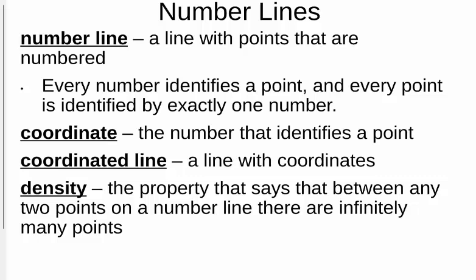And the density is the property that says that between any 2 points on a number line, there are infinitely many points. We can think about that in the way that between, for instance, 0 and 1, we could have 0.000000001, and we could go up by that much each time, or we could go by even smaller.